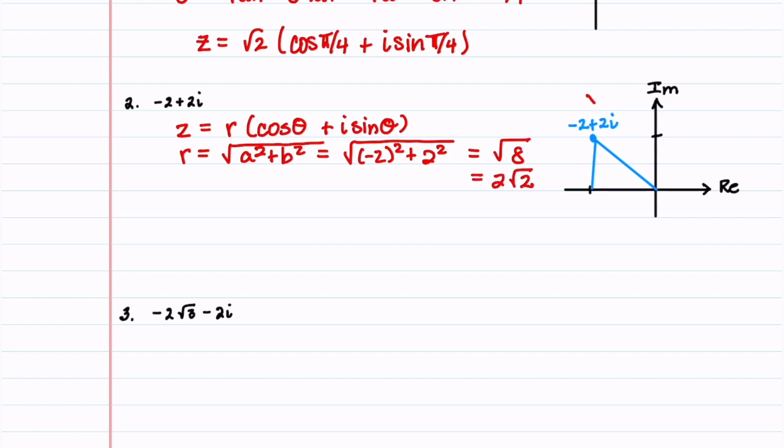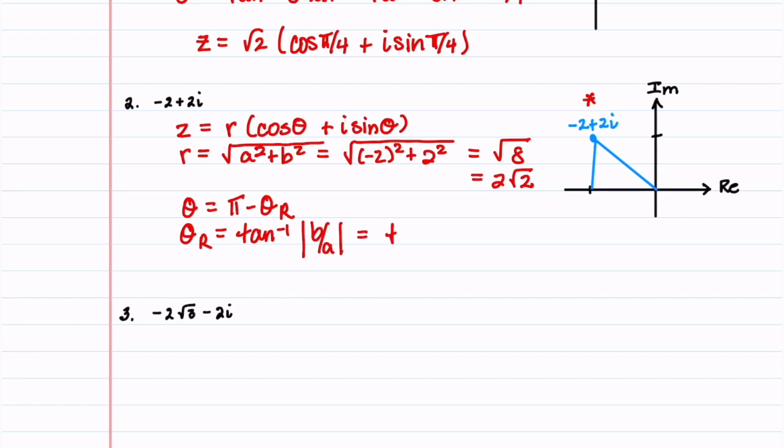We notice that our complex number is in the second quadrant. So theta is going to be pi minus theta sub r. Our theta sub r is inverse tan, and we have to be careful here. It's the absolute value of b divided by a.